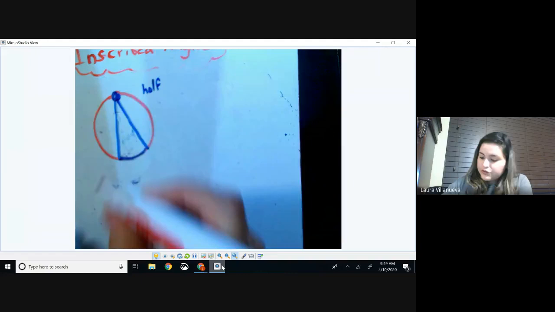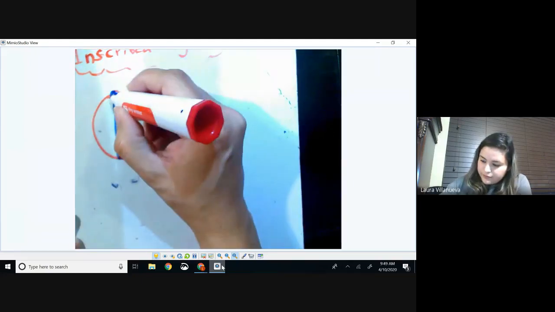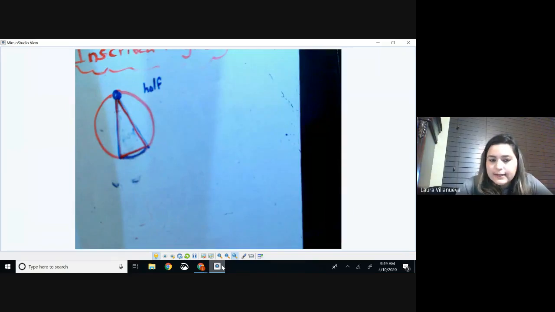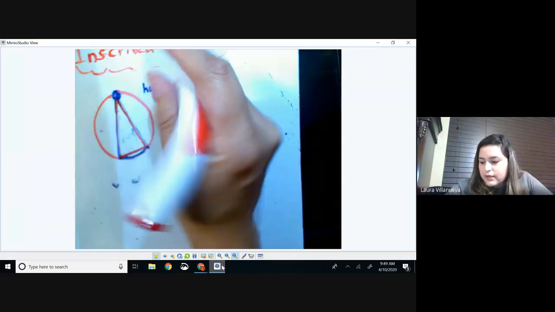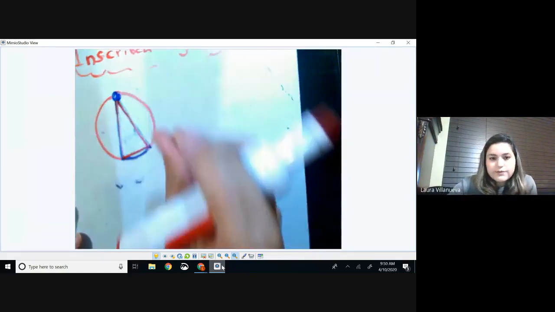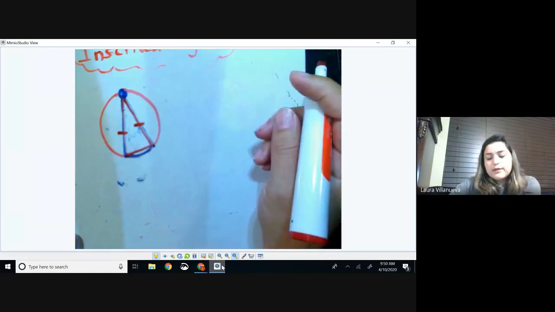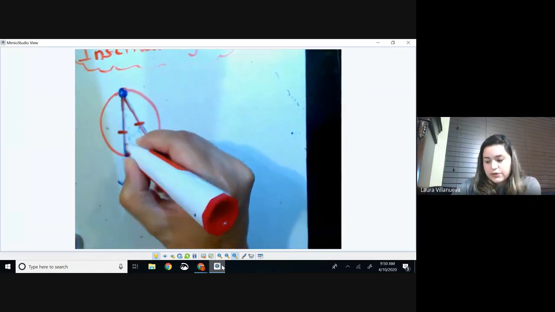So if they give you a triangle, remember that triangles all add up to 180. If the triangle is an isosceles triangle where the two sides are congruent, then that means that these angles are congruent.